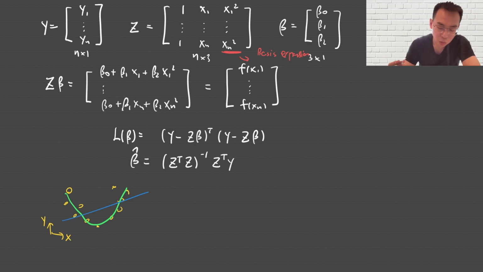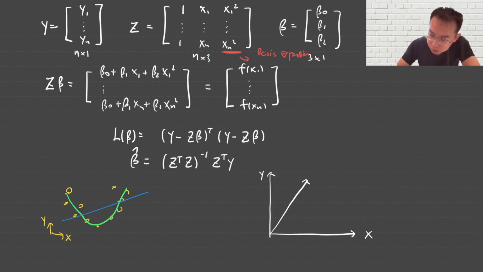But what happens after the expansion, right? That's really the question. After the expansion, we need to plot this in a 3D space. This is x, this is y, and here we also have x square as part of the space.